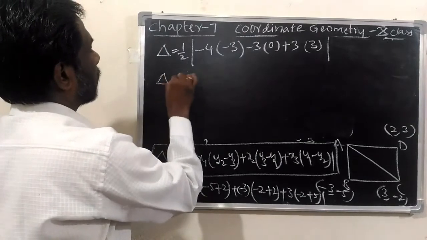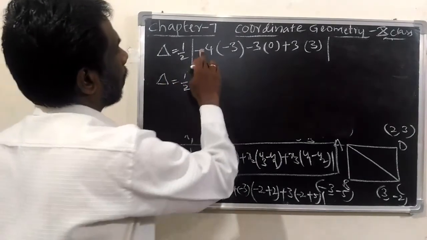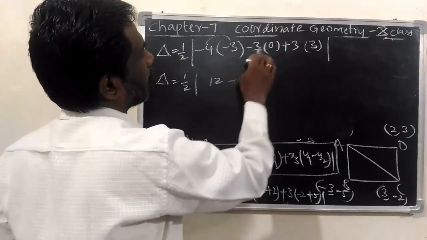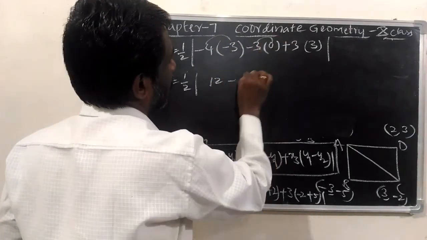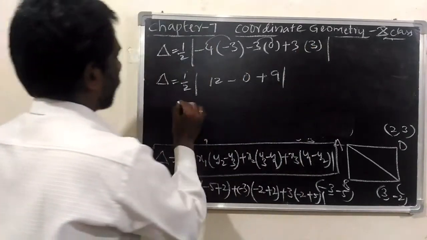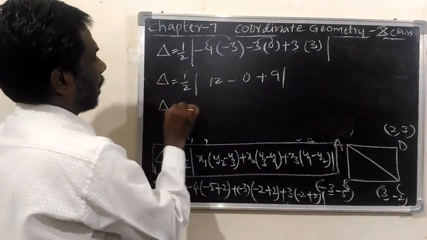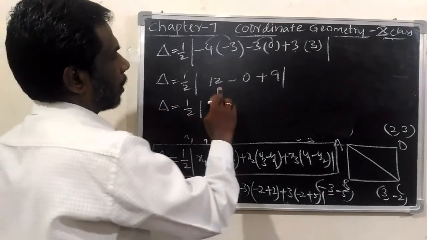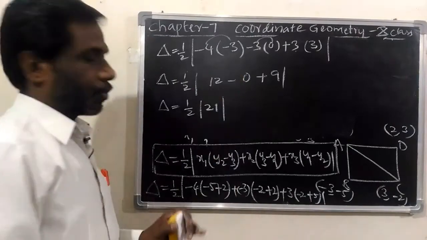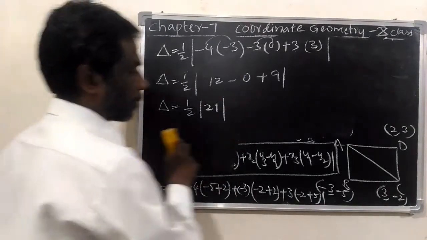So delta is equal to half mod of minus into minus plus, 4 3s are 12, minus 3 into 0, 3 into 0 is 0, plus 3 3s are 9. Delta is equal to half mod of 12 plus 9, which is 21.